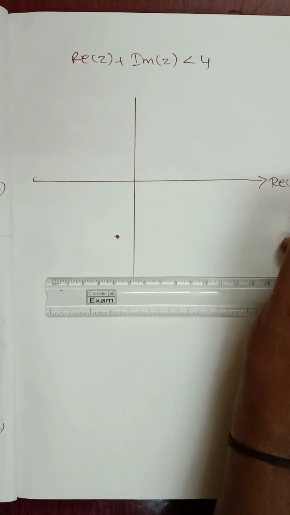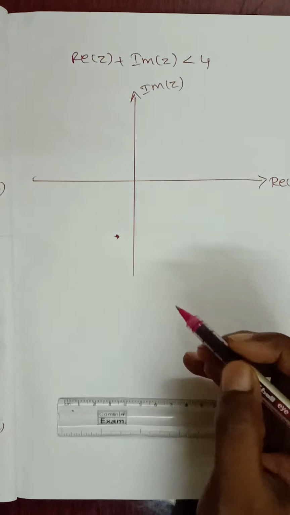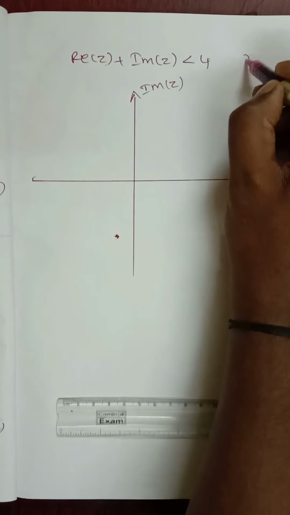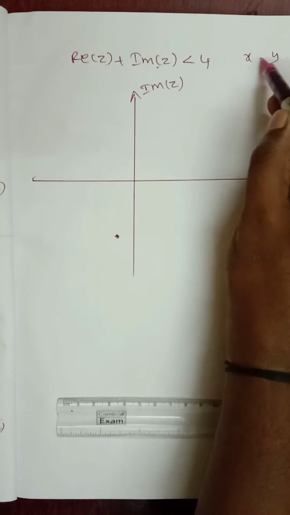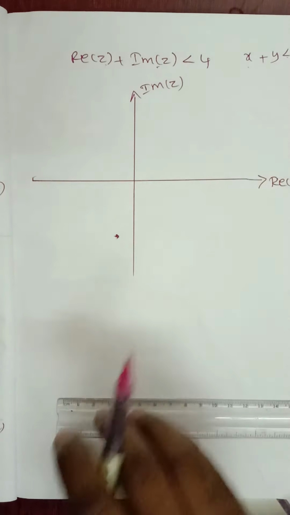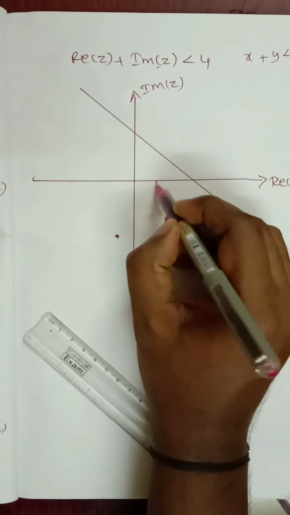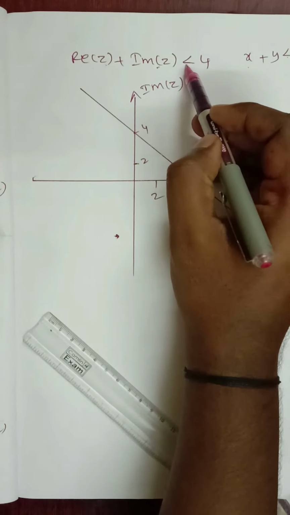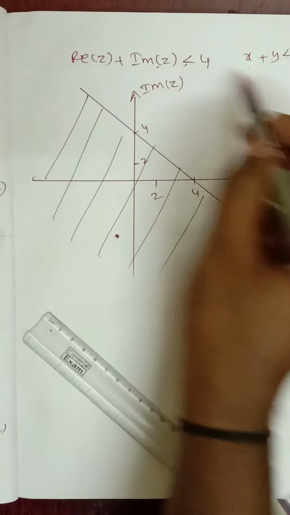The real value is x and the imaginary value is y. So x plus y less than 4. I am going to draw it here. This is the value 2 and this is 4, also here 2 and 4. Less than 4 means what? This is the locus of the complex number.